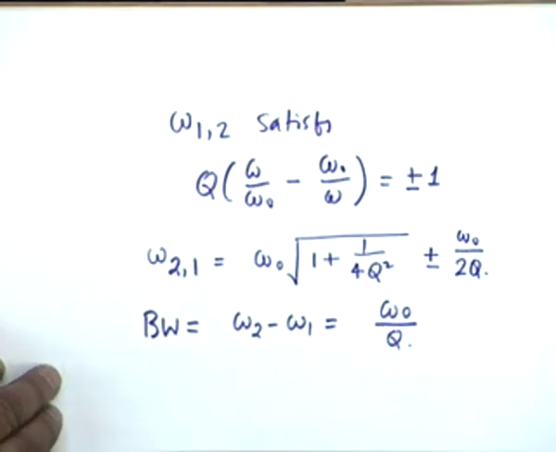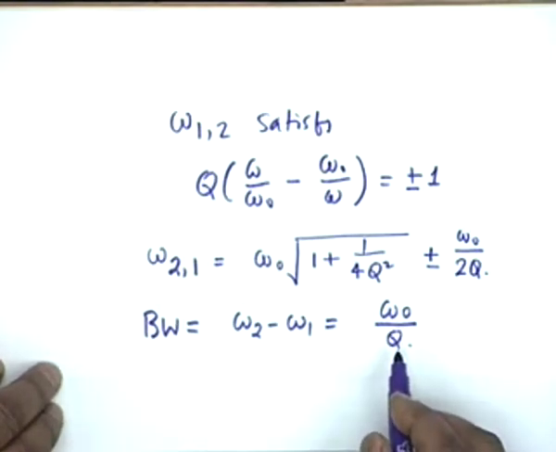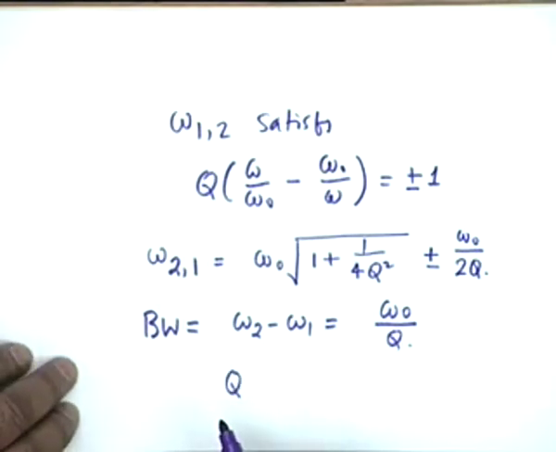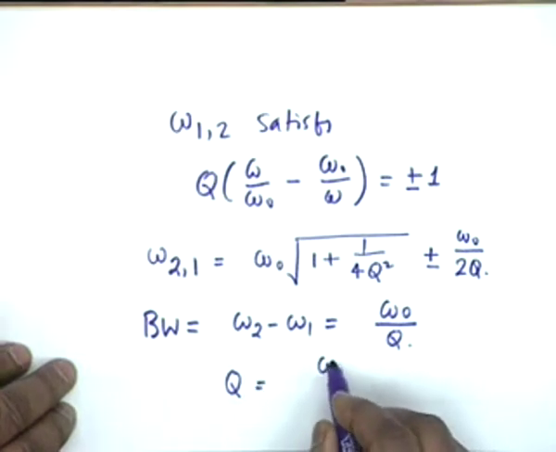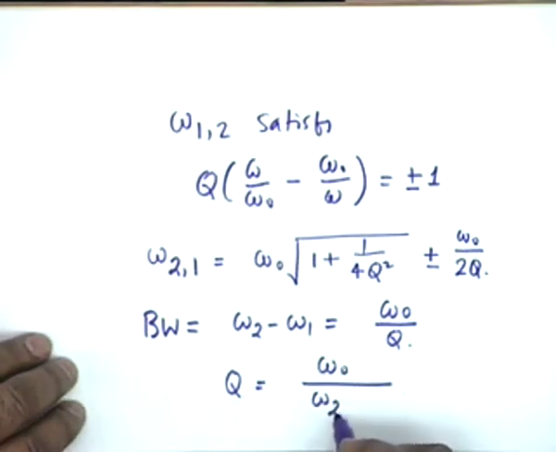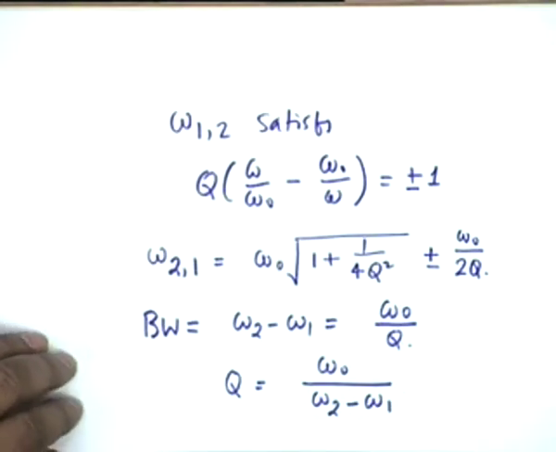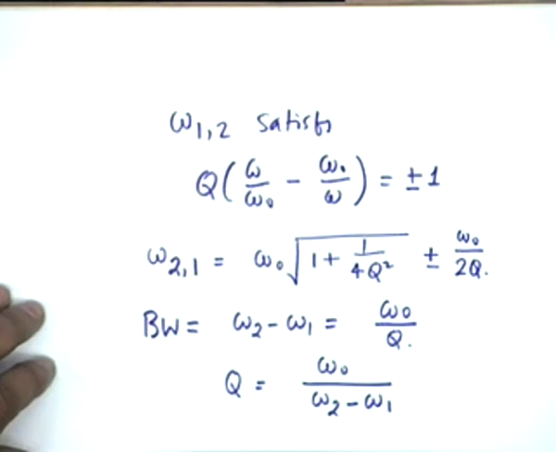And therefore the circuit Q can also be related to how good the circuit behaves as a band pass filter. You can see that Q is omega naught divided by omega 2 minus omega 1. In other words, what does this mean? It means that the higher the value of Q, the narrower will be the bandwidth.